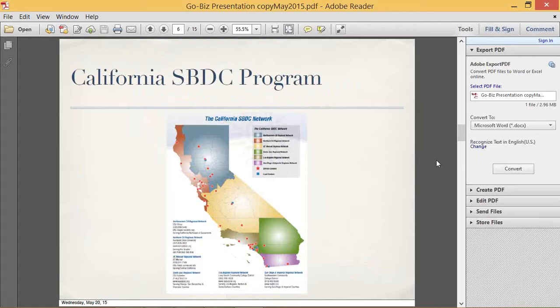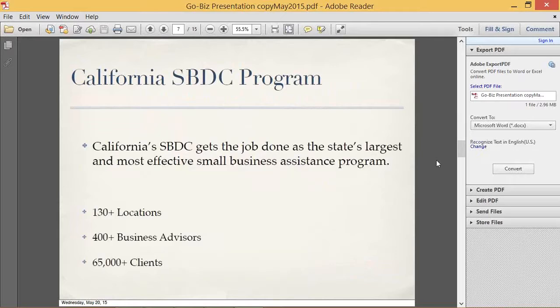Our region, which Kurt and I cover, is the yellow section in the middle that you see on your screen. We cover 14 counties, 51,000 square miles in Central California.